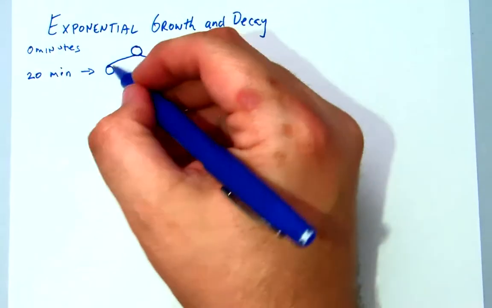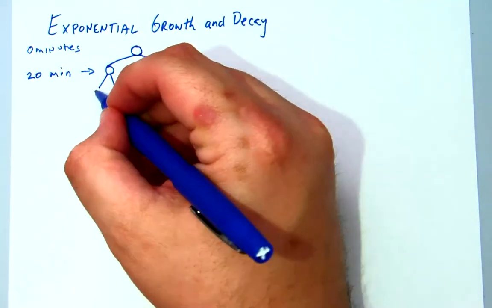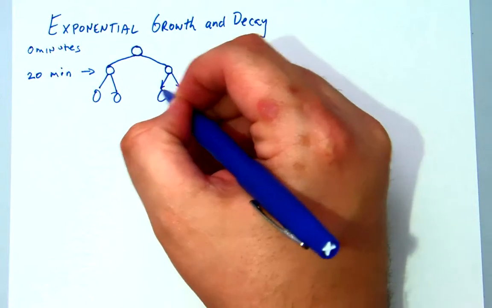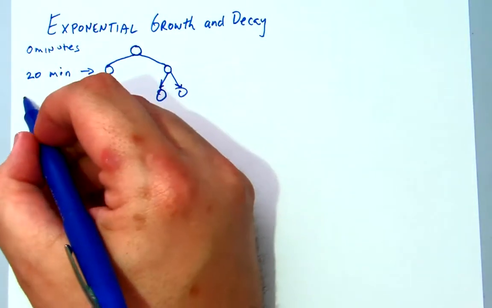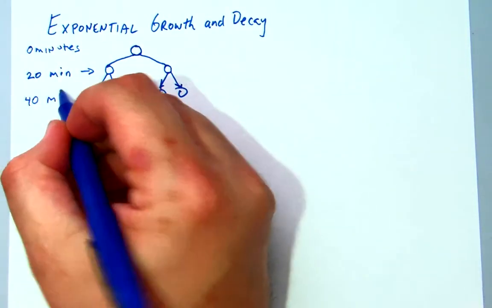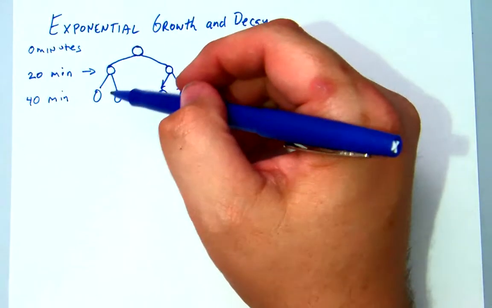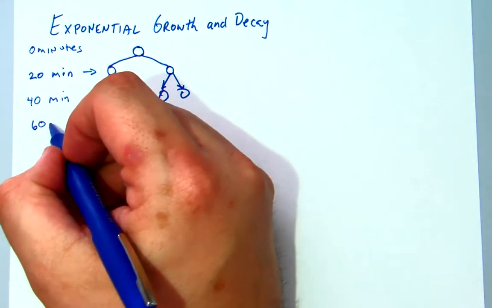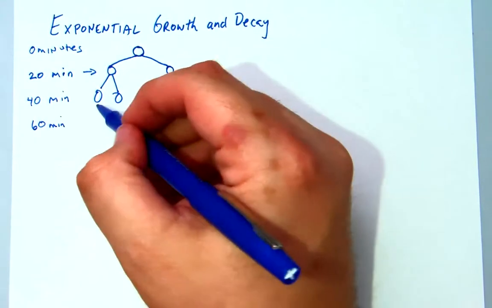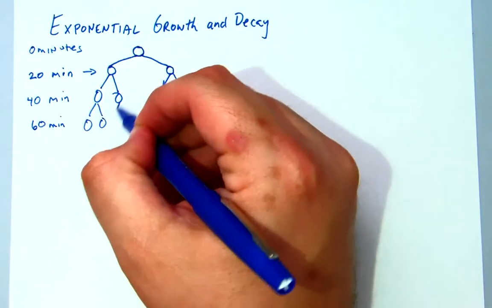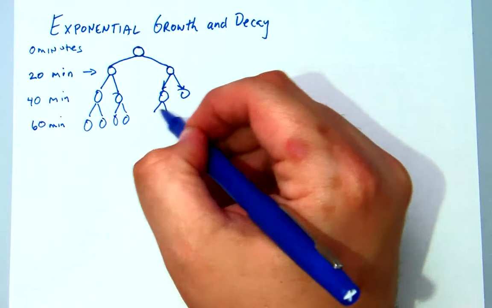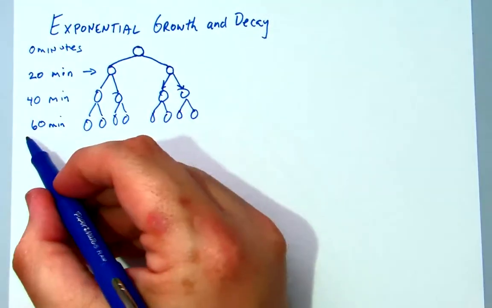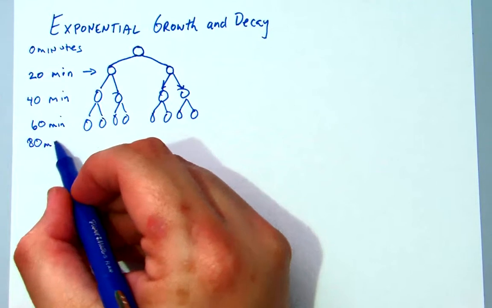Now, from here, that cell divides after 20 more minutes. This cell divides into two, and that's at the 40-minute mark. So after 40 minutes, one cell has divided into four cells. After 60 minutes, 1 hour, these cells have divided, after 80 minutes.